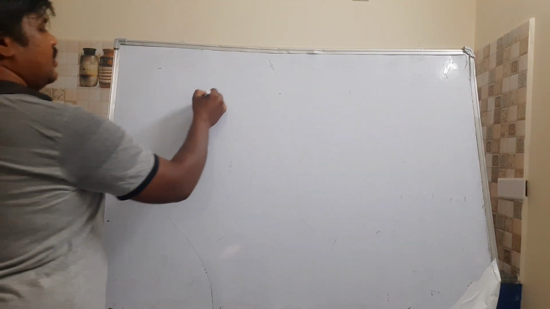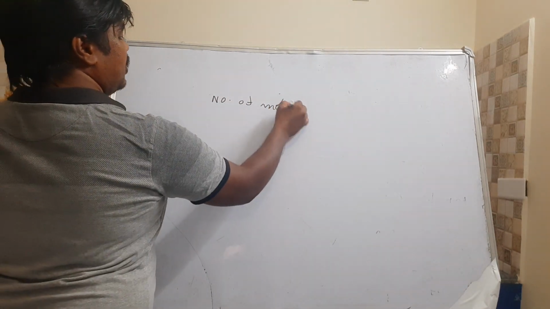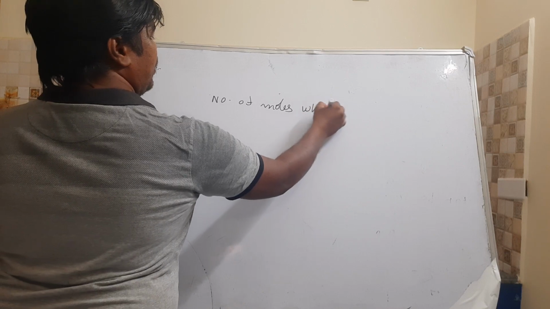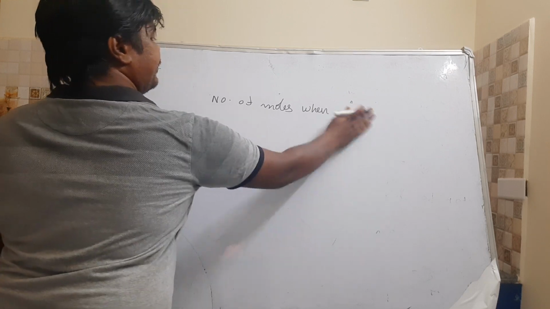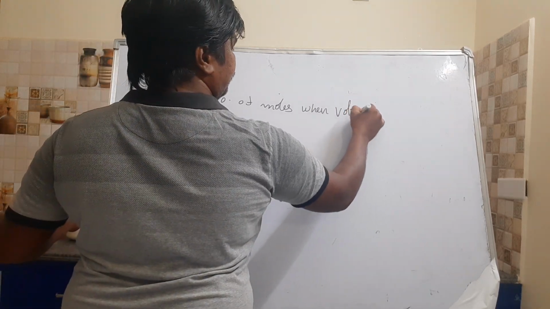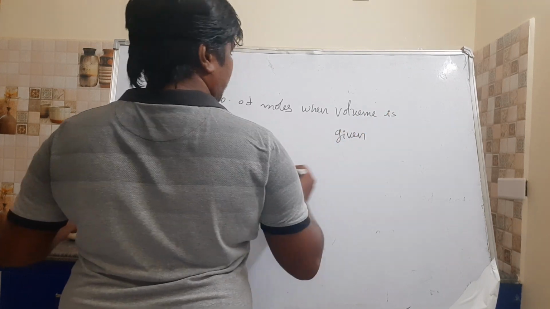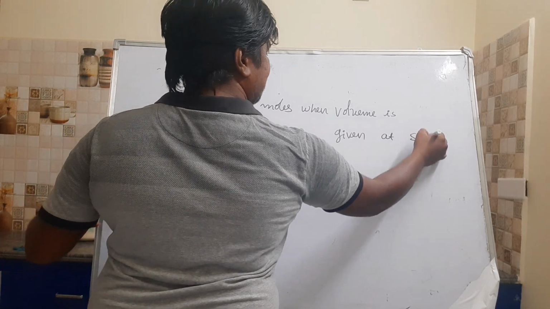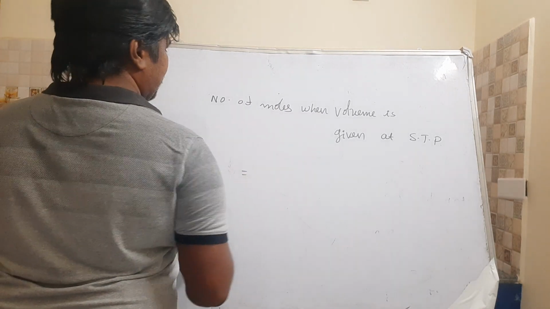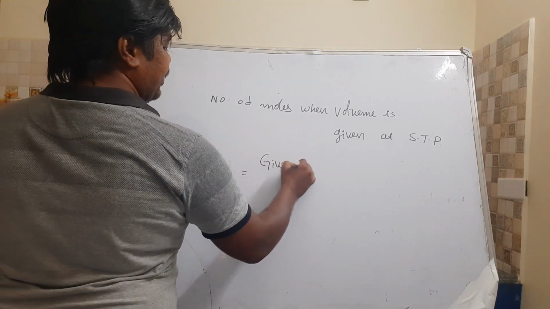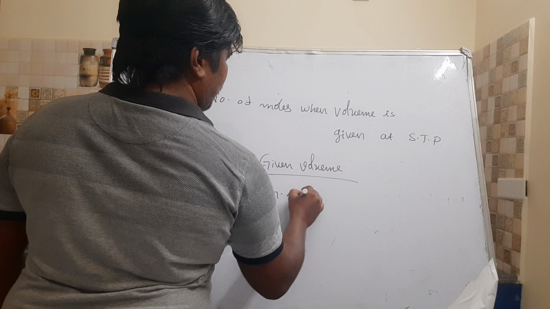Number of moles when volume is given at STP, standard temperature and pressure, is nothing but given volume by gram molar volume.